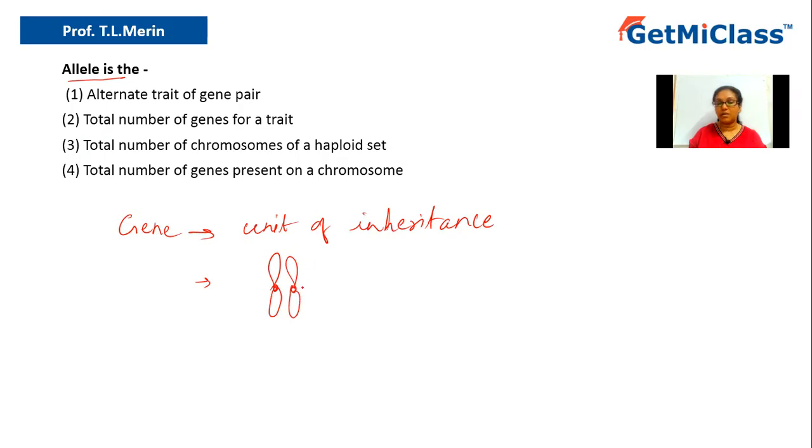In our body or in our cells, we have each type of chromosome in a pair. We call this a homologous pair. So we call them homologous chromosomes. And why are we calling them homologous? Homo means similar.